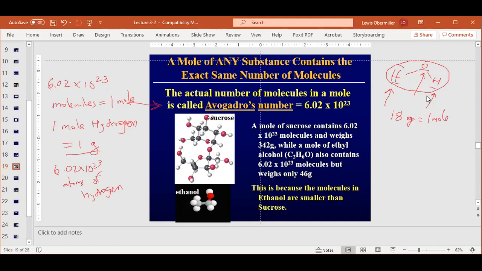And because they're all connected, so this is considered one molecule, there's still the same number of molecules in any compound. So in water, there's 6.022 times 10 to the 23rd water molecules in 1 mole, and that would weigh 18 grams. Does that make sense?